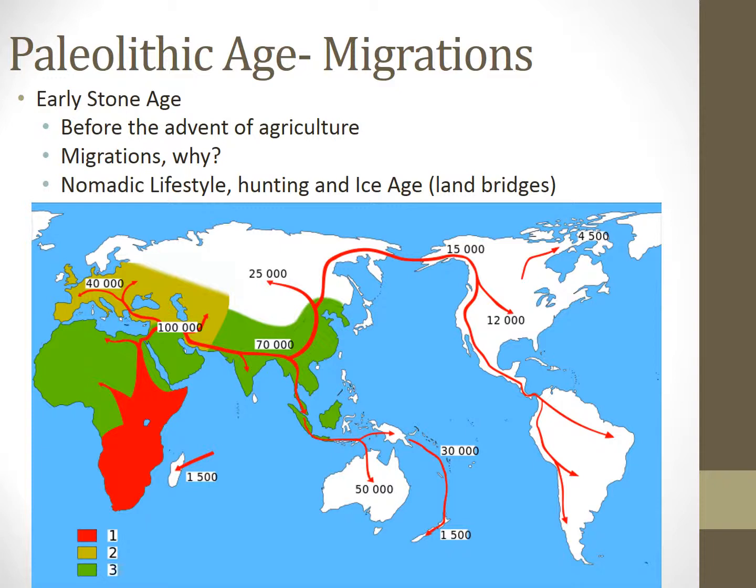And the inhabiting of North America and South America is believed to have occurred largely through passage across the Beringia land bridge at the Bering Strait, up there between Siberia or northern Asia and Alaska.